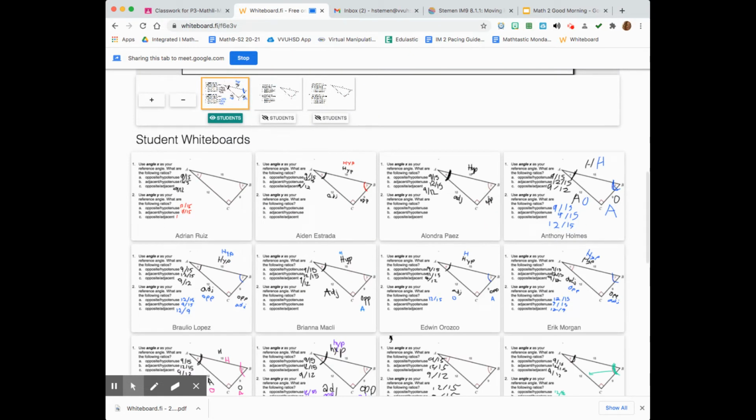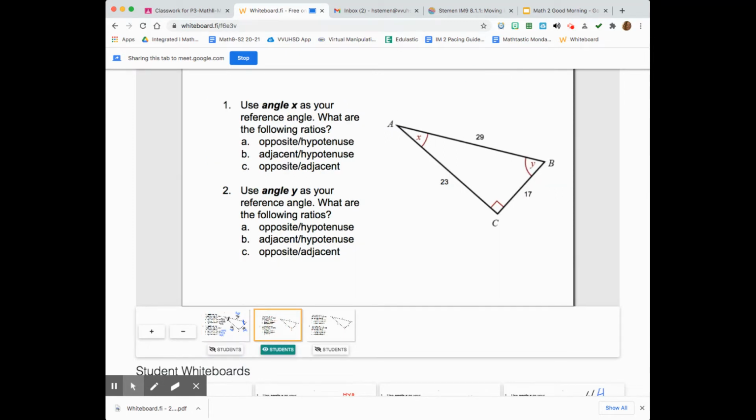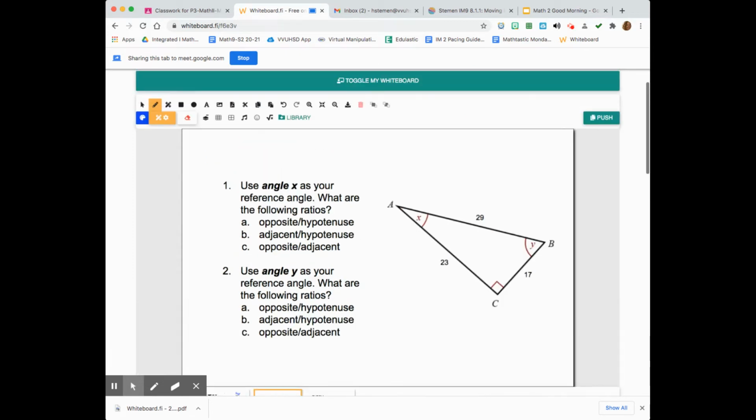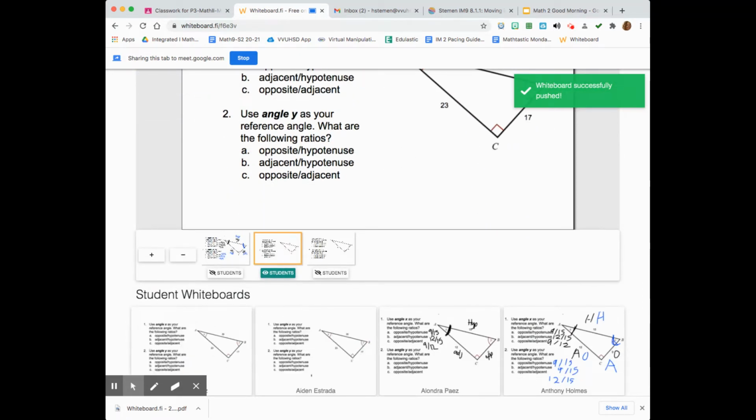All right, so I'm going to let you guys try one by yourselves. Make sure you are writing on your slides because I do check you off as you're completing them. I'm going to push this new one to you. As soon as you get it, you can start. I need to see your triangle labeled and your fractions, okay?